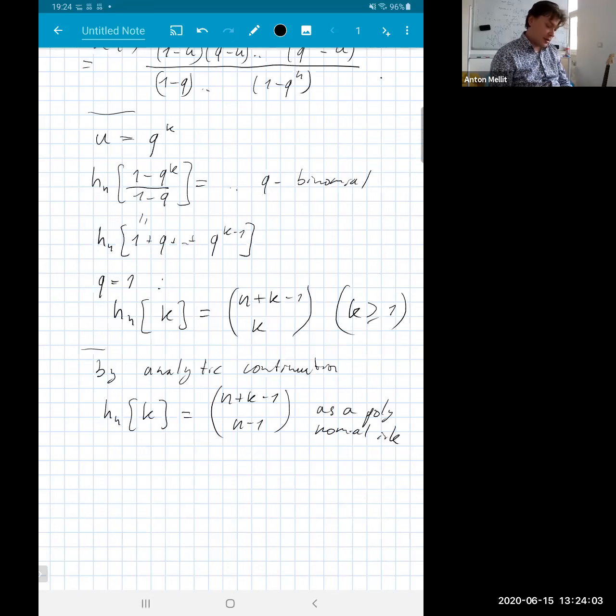So you see, I proved this identity under specialization when k was an integer. So this new identity works under the assumption that Adams operations preserve k.